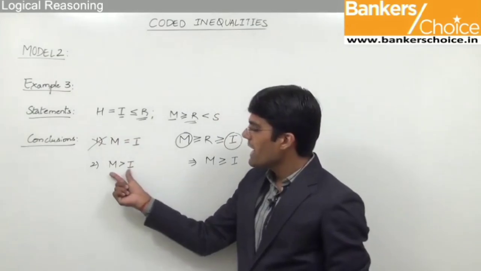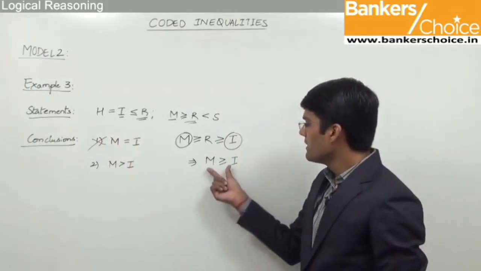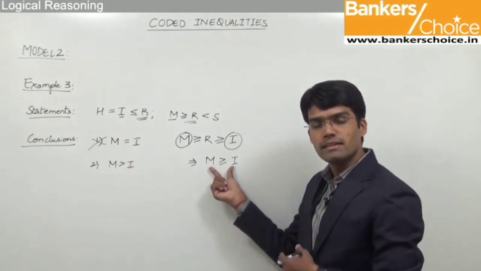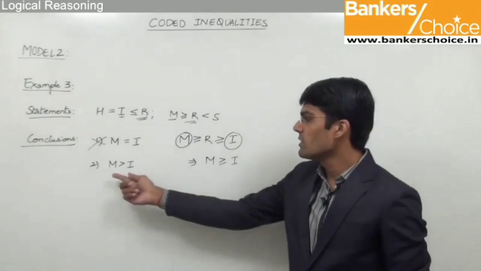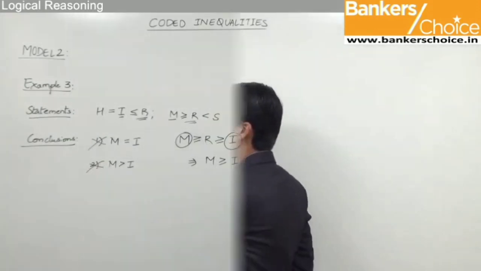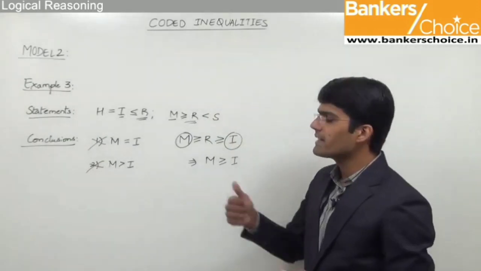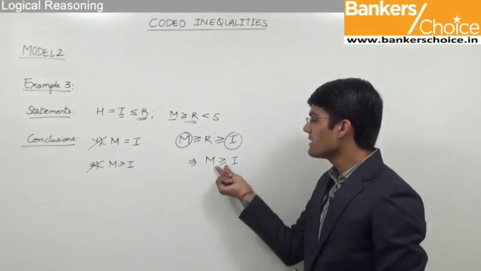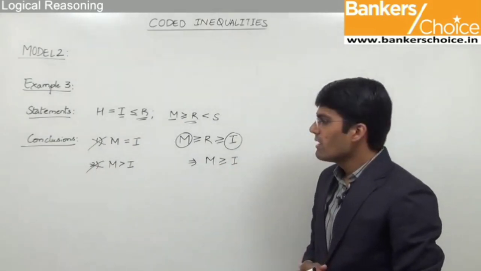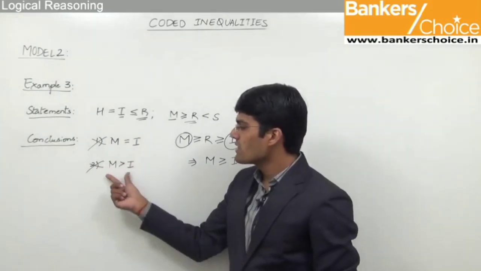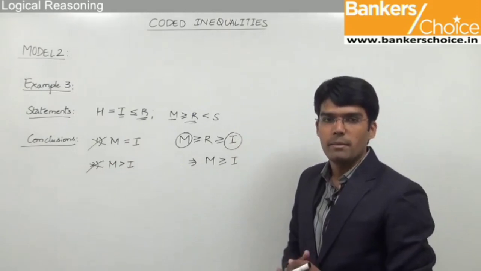The conclusion 2 is M greater than I. But here we know that M should actually be greater than or equal to I. So even conclusion number 2 is false, since it only considers the greater than inequality but not greater than or equal to. So conclusion number 1 and conclusion number 2 are false independently.